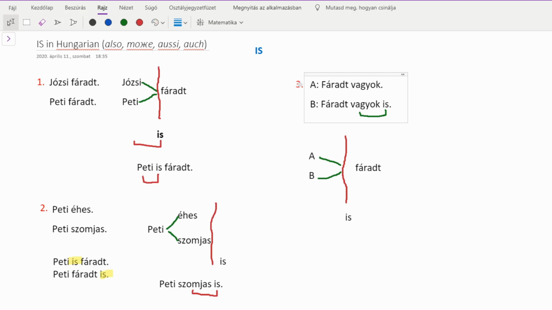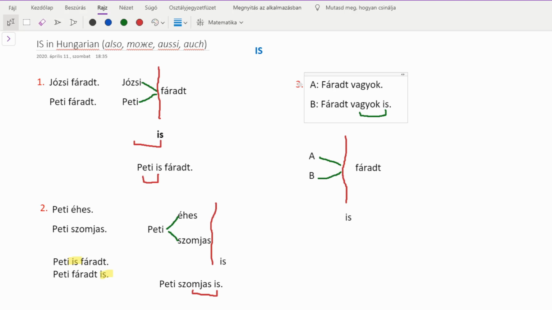Fáradt vagyok. Of course it is quite possible to say én fáradt vagyok, but in everyday language we don't say én fáradt vagyok. Simply fáradt vagyok, because this expresses the idea that it is myself that I'm talking about.